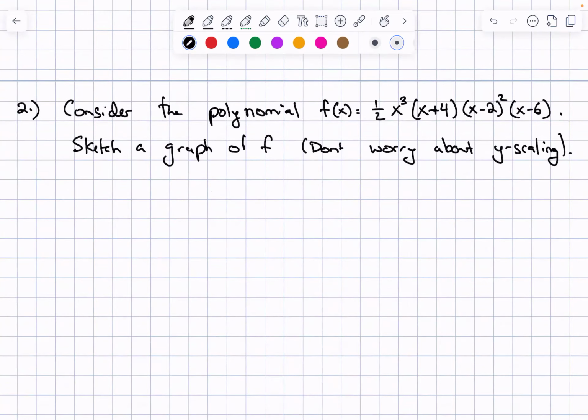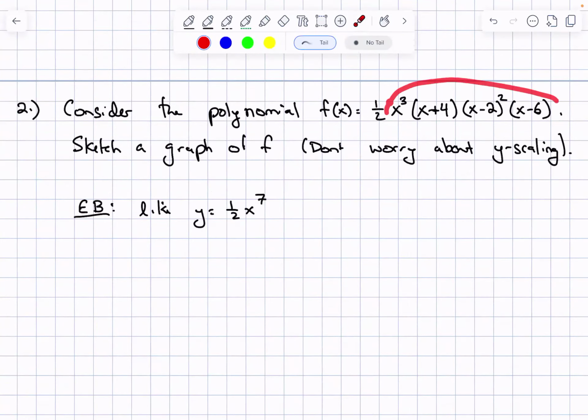So for this one, end behavior, which I'm going to abbreviate EB, should be like y equals 1/2 x to the seventh. And the reason for that is if you were to FOIL all this out, remember, end behavior only comes from the leading term. So if I were to distribute this, this would be x to the fourth plus a bunch of stuff, this would be x squared plus a bunch of stuff, and this is x minus 6.